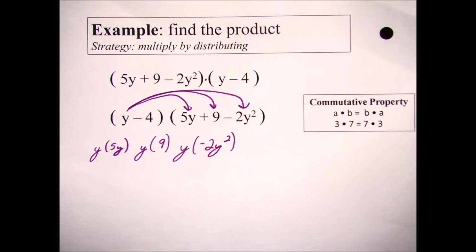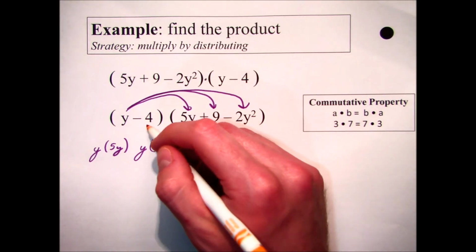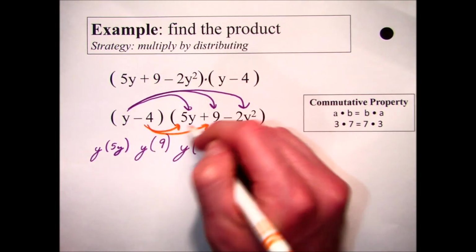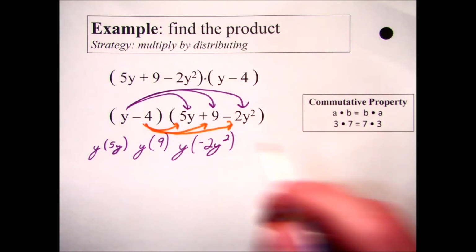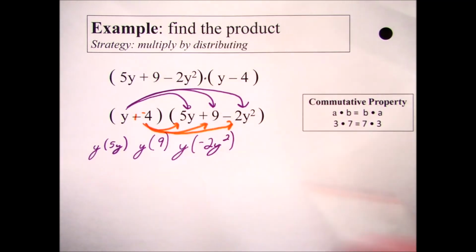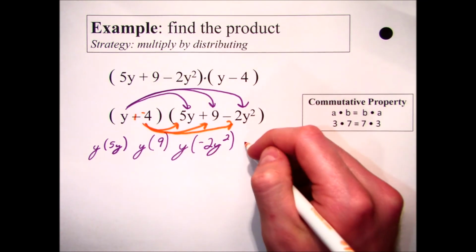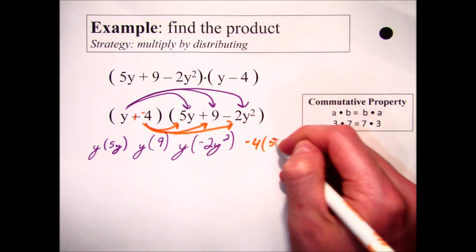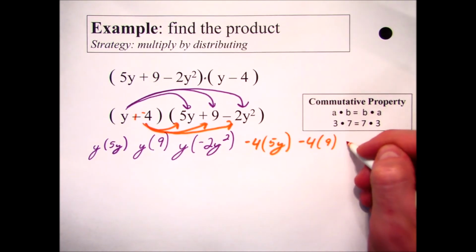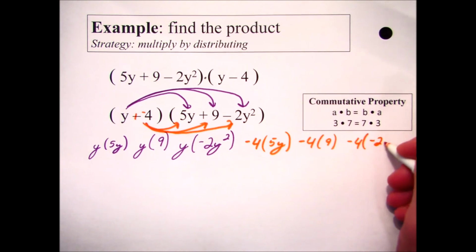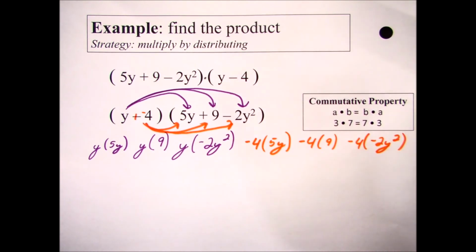And also, the negative 4 will get multiplied. And again, if you can't see the negative 4, you should write it. So we will have negative 4 times 5y, negative 4 times 9, and negative 4 times a negative 2y squared.